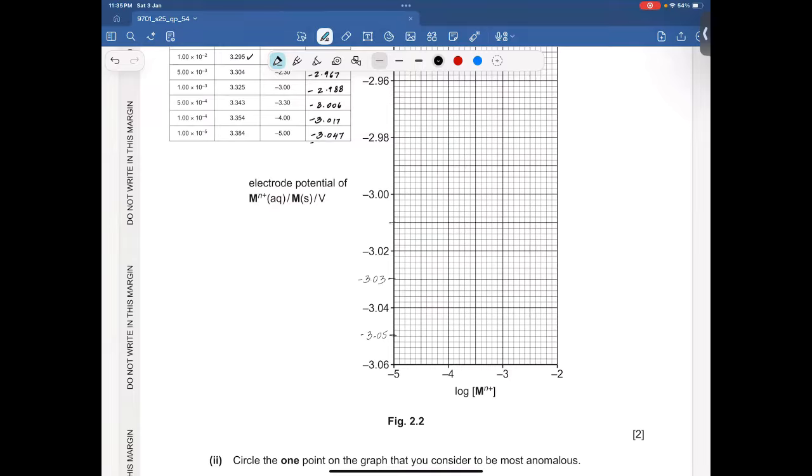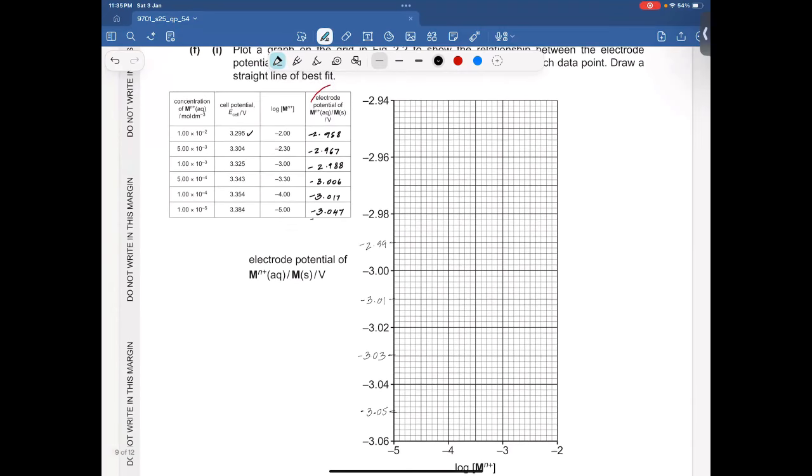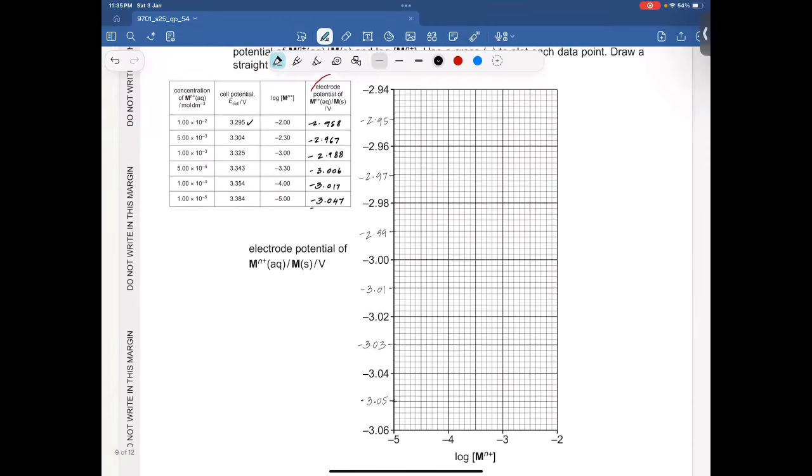This one is minus 3.01. This one is minus 2.99, 2.98, 2.97, 2.96, 2.95, and then minus 2.94. Okay.